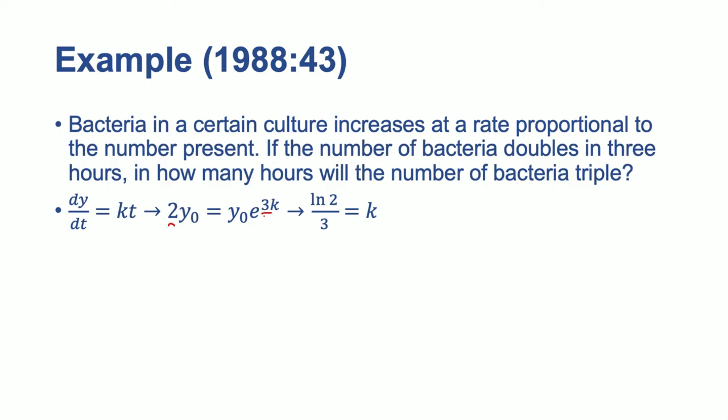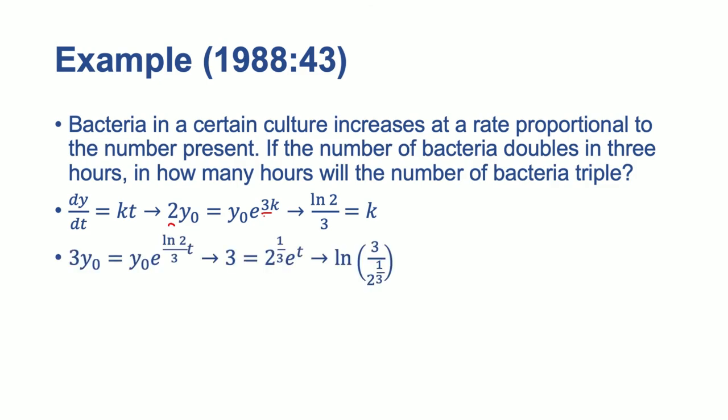Now we can use this to find k: divide by y naught and take a natural logarithm. That will give the natural logarithm of 2 over 3 equals k. Okay, so now we can further use this information to continue solving our problem.